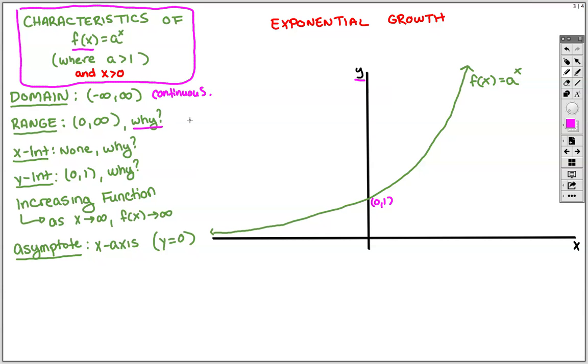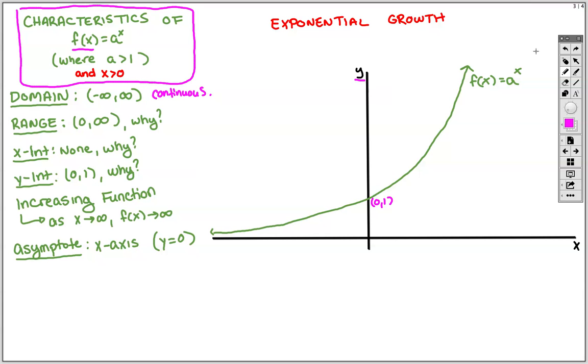And why? Because if you have this, it's going to be positive, and as we just said, this is greater than 0, so up here you have something greater than 0 over something greater than 0, and that's going to be greater than 0. Okay, so that's why. I think you probably understood that.